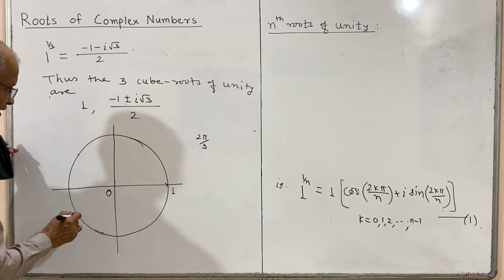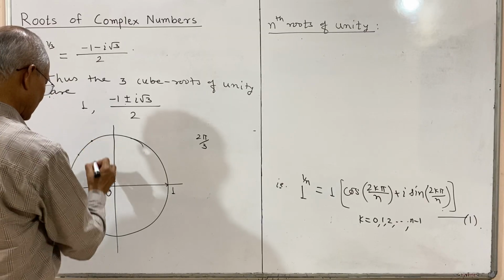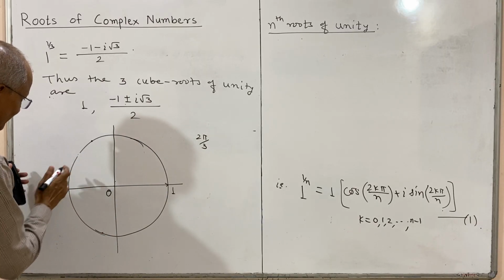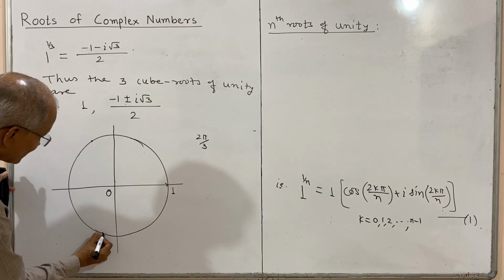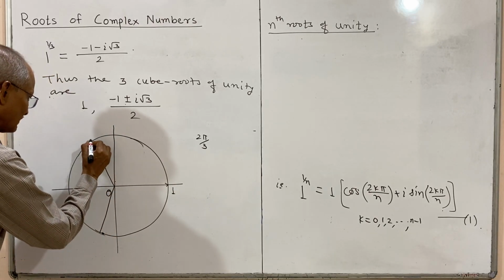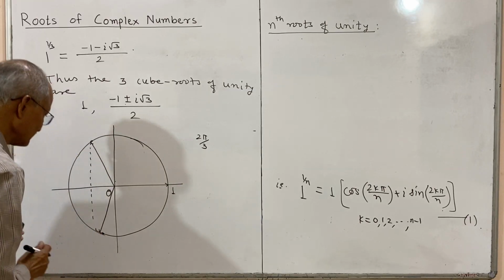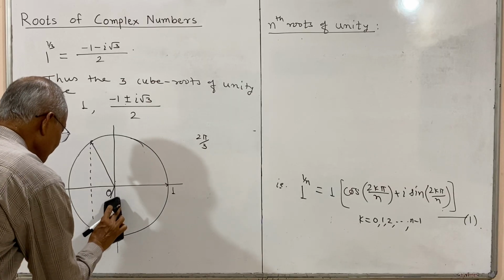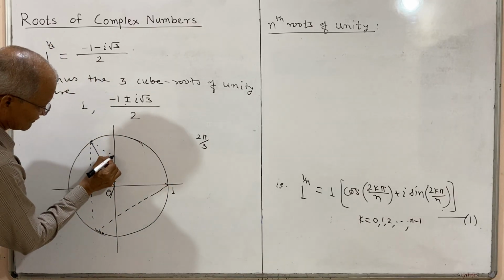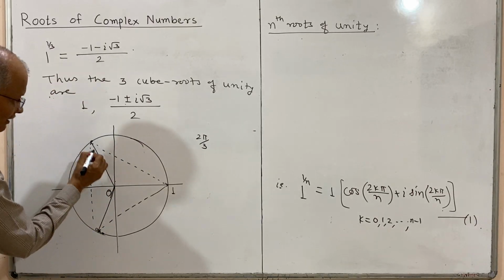So this will form an equilateral triangle, or you may see 3 equal parts of this circle, and thus these are the 3 roots.